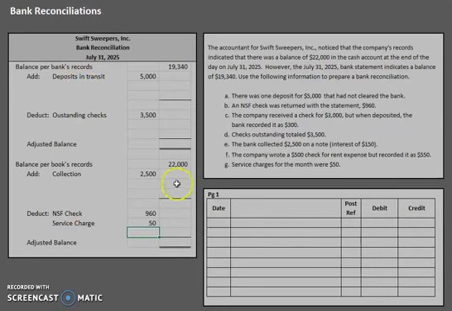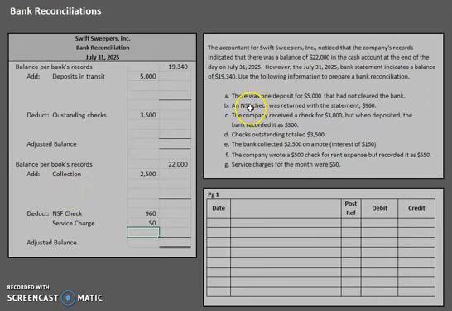Whenever you see a non-sufficient funds check, this will always be a deduct from book. This is something that does not change. Errors, on the other hand, you have to analyze them to determine where they go. They can be an add or deduct on the bank side or an add or deduct on the book side, depending on what happened with the error. So you have to analyze them very carefully.